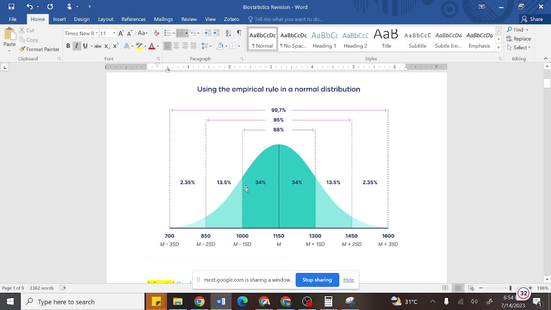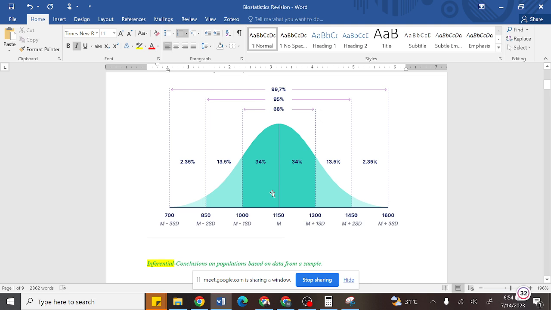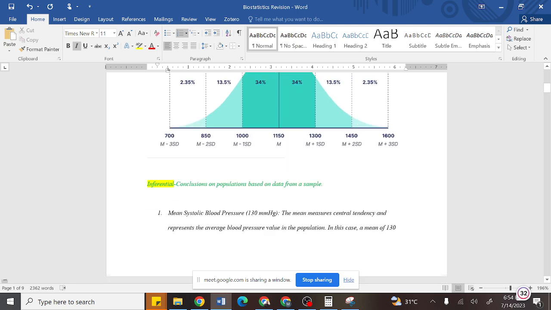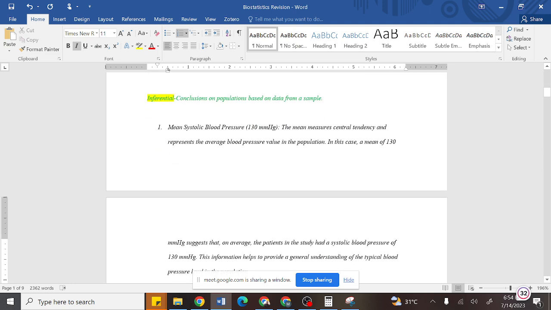So within one standard deviation on either side, you have 68% of the population with values within minus or plus one standard deviation. And this helps us in planning, just like the example of the uniforms that we have. But it can also be applied in many different situations in real practice.